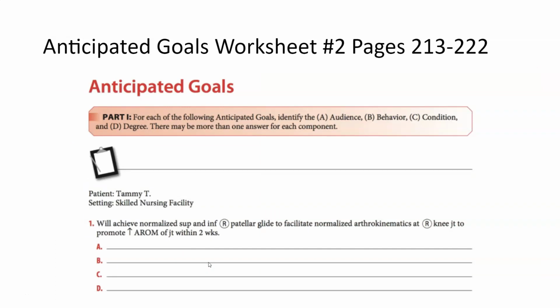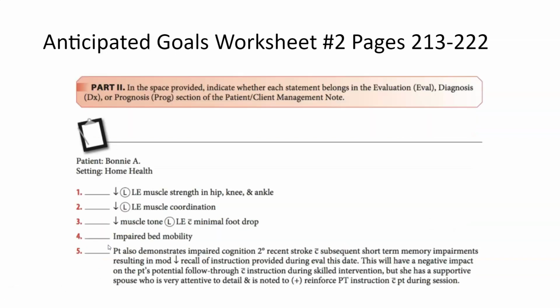For our worksheet then, we're first going to go through with written goals. So these are written already for you, and you're going to identify the audience, behavior, condition, and degree. Again, if there is nothing written in here, in this case for the audience, you can assume that it is the patient.